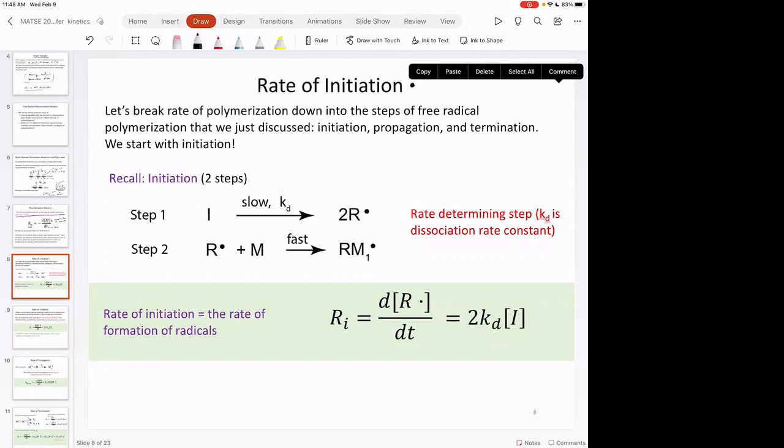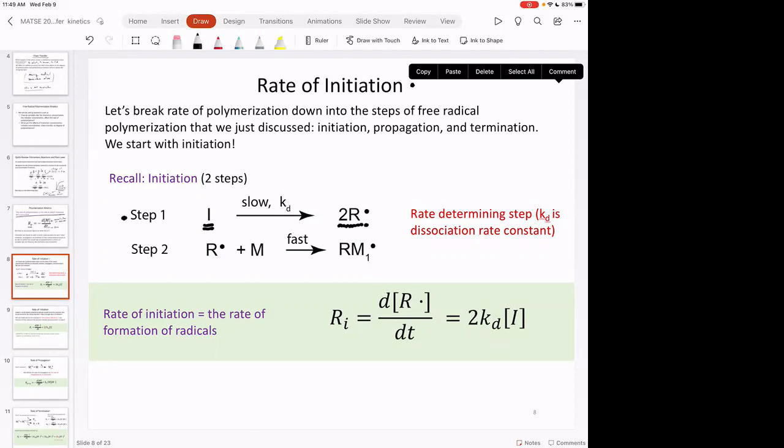And so in initiation, you have step one, which is the decomposition of what's this I species called? What do we call that? The initiator. I don't think we have any other I variables in this class. So I is always an initiator, and it breaks apart. Why is there a 2 in front of this R dot? In general, we break an initiator in half and we get 2 initiated radicals from that.